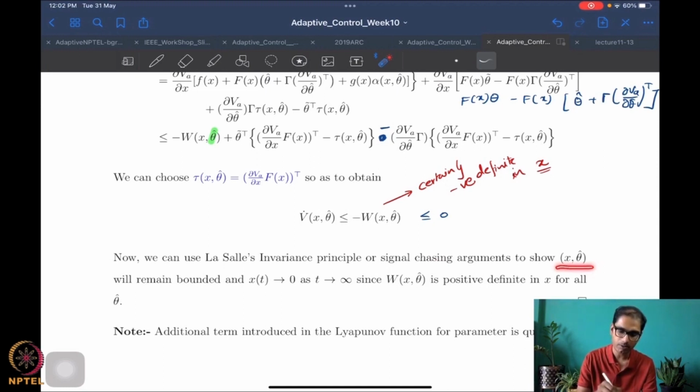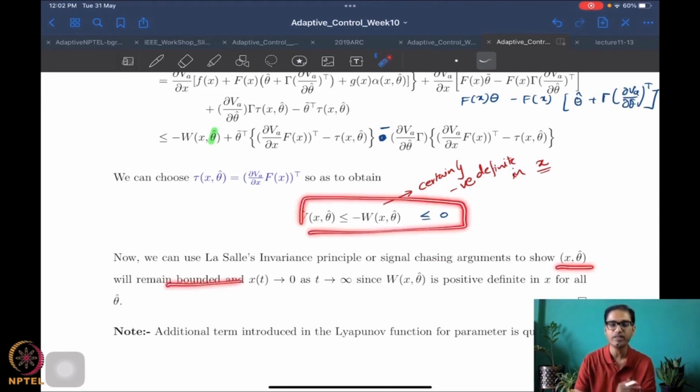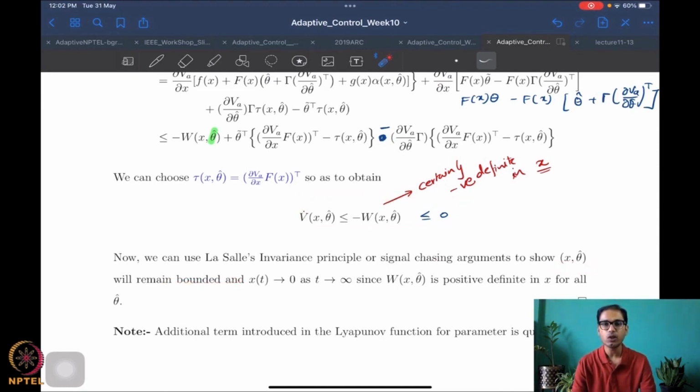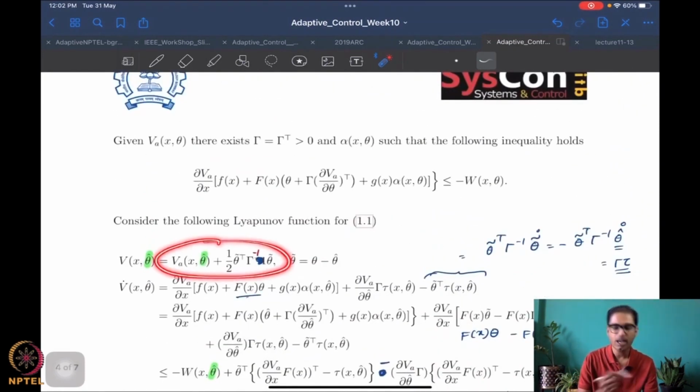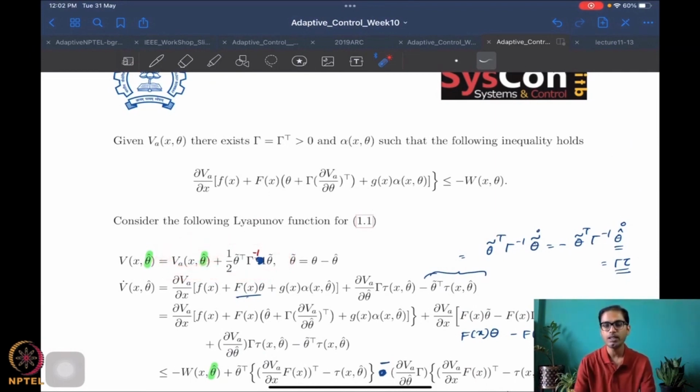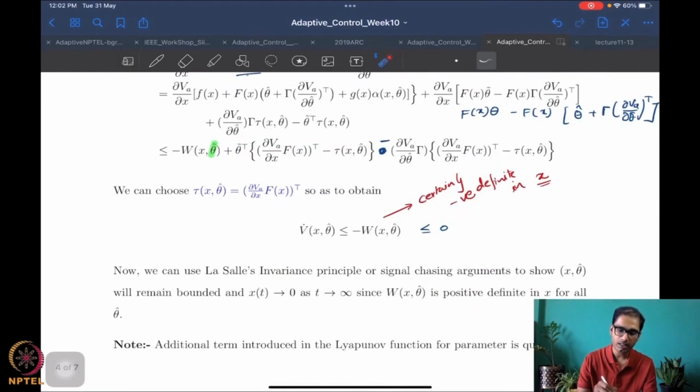So x and theta hat will be bounded because this is at least negative semi-definite. Therefore, V is not increasing over time. Therefore, the states here have to remain bounded. And because VA is positive definite, because it's a CLF, it is positive definite in X. Therefore, both X and theta tilde have to remain bounded because V is non-increasing. And further, X will certainly go to 0 as t goes to infinity. This is by signal chasing type analysis.